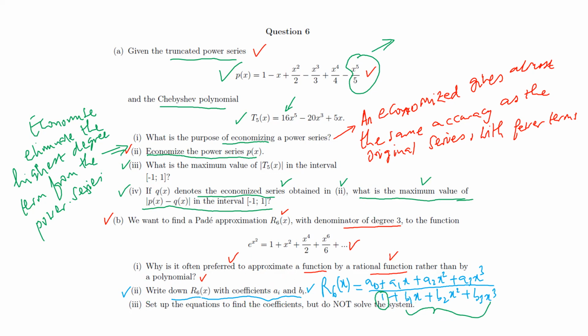And that's why the 1 is there. So we just had to write down the formula R sub 6, and therefore you realize that it is the rational function of degree 6.